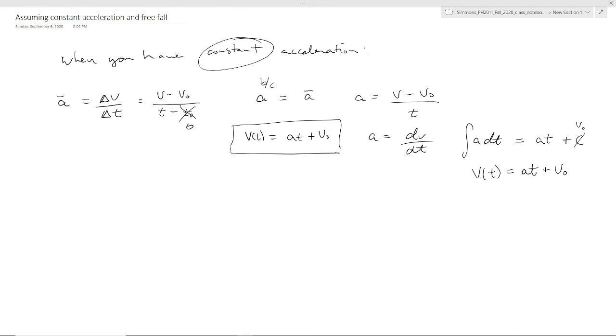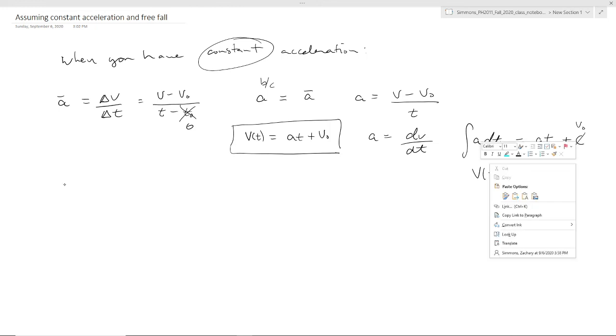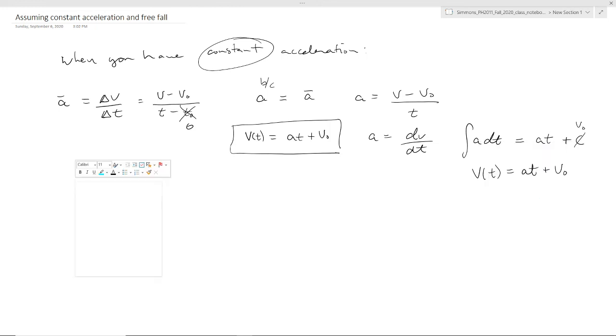Okay, so what other expressions do we have? Well, another thing that we can make use of is the fact that if the acceleration is constant, that means that, so think of this as a plot, v as a function of time, this would look like a line, with a slope of a, and this is a connection that we'll emphasize in lab, in actually multiple labs, but the free fall lab first.